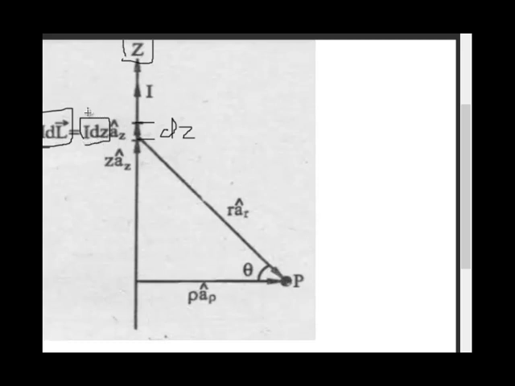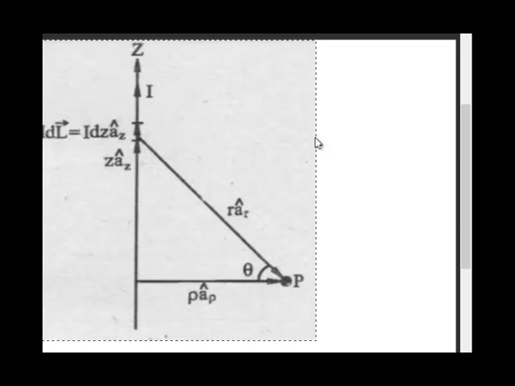So the differential current element will be I into dZ, and because dL is a directional quantity, its direction is shown with unit vector aZ. So dZ into aZ is the differential length in Z direction, and by multiplying it with current we will get the differential current element in Z direction. And the point at which we will calculate the magnetic field intensity is present here. It is marked as point P. Then first we have to draw a projection from point P on the Z axis at an angle of 90 degrees.